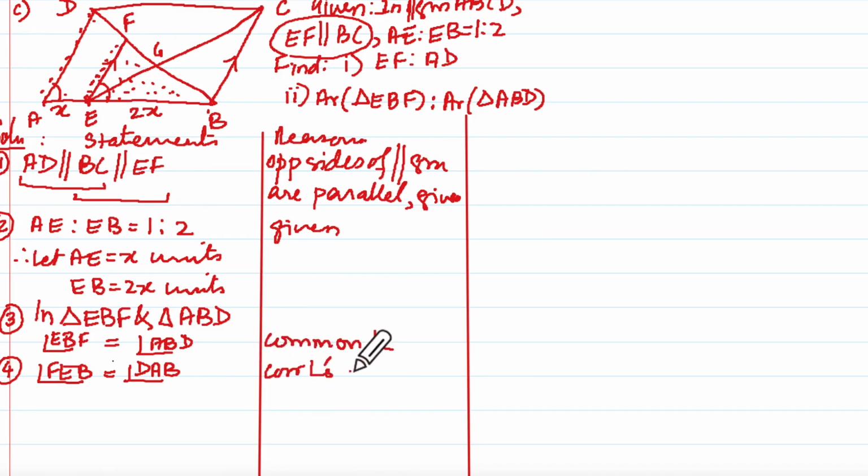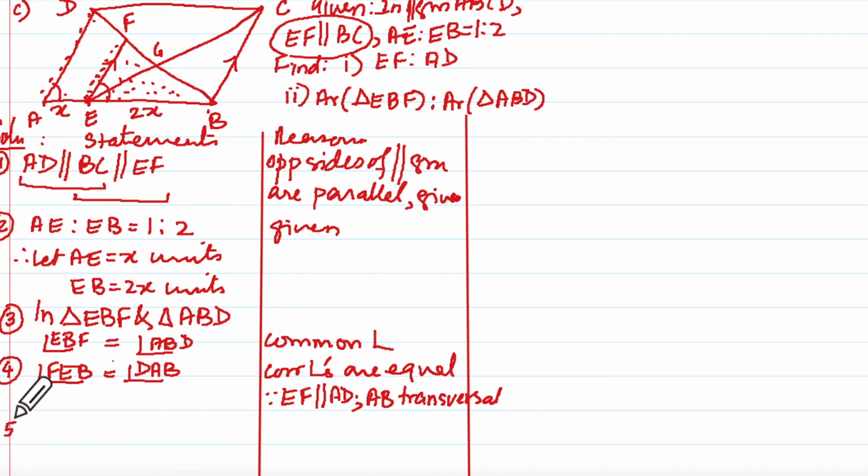Corresponding angles are equal, since what is parallel to what? EF parallel to AD, and this is the transversal, the cutting line, AB transversal.